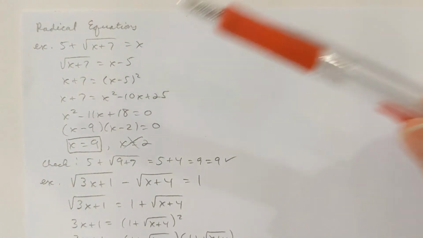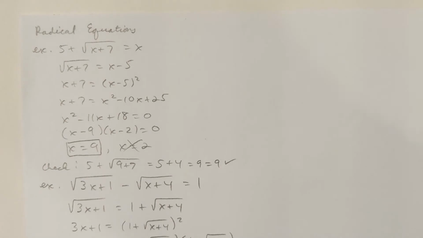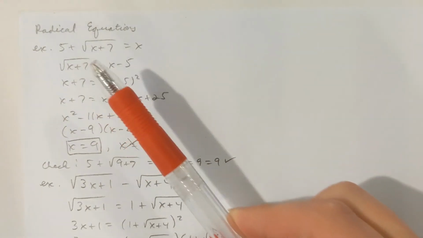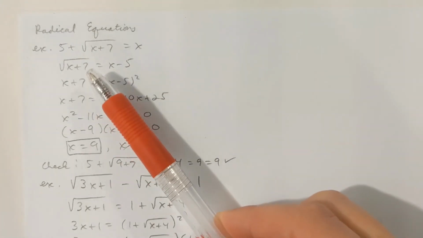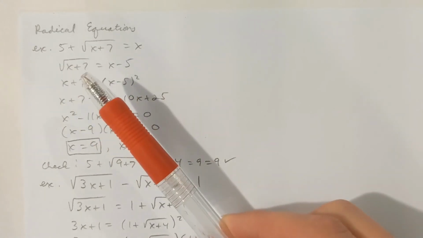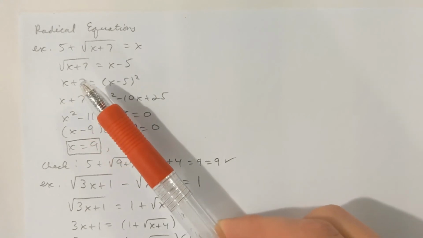Now, the plan early on with this should be to try to get rid of the radical. Okay, to do that, you want to get the radical all alone and on one side. So I'm subtracting 5 here to begin, and then to get rid of a square root, you want to square both sides. When you square a square root, those two operations kind of offset each other and leave you with the expression that was underneath the square root sign.